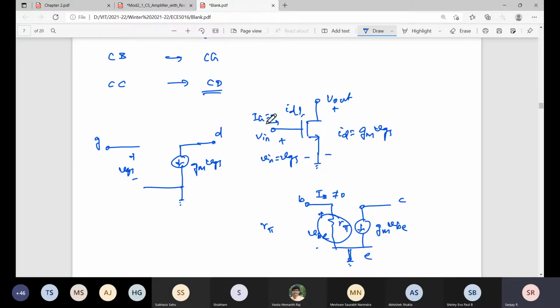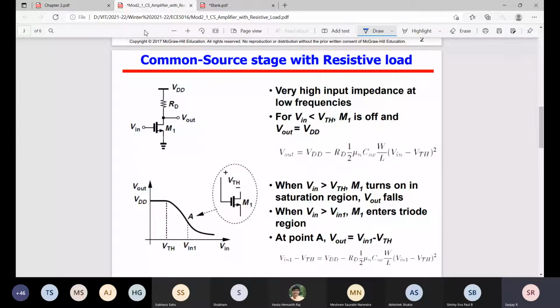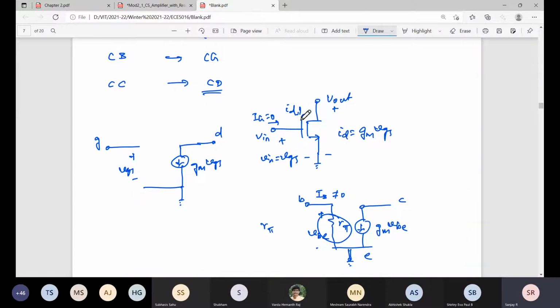So now voltage is converted to current. Now we'll come to the common source amplifier. I want to convert ID into voltage. How can I convert current to voltage? By a load.